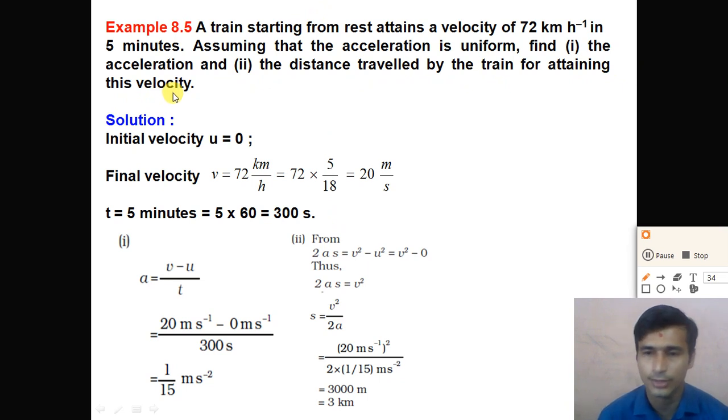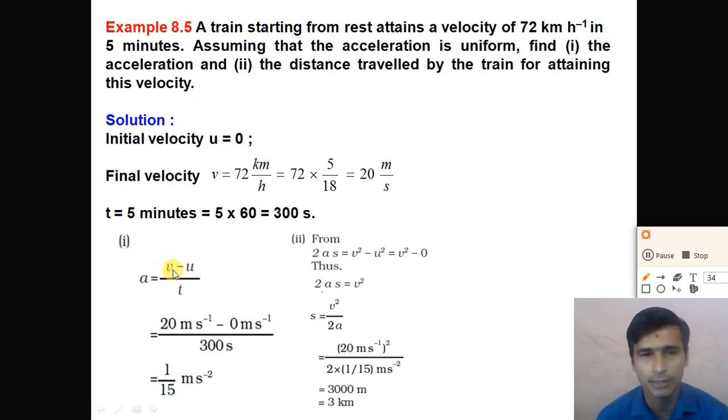So dear student, how do we calculate the acceleration? Acceleration is equal to the change in velocity divided by time. So acceleration a is equal to v minus u divided by t.